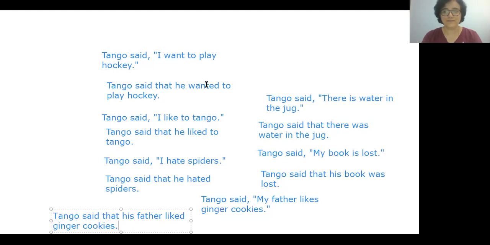Okay. I hope I have made the basic changes very clear. I hope you have understood everything that is required for now. When you make a change from direct to indirect speech, these are the basic changes. There is a lot more in this lesson, but these are the very basic changes that you need to know before we move on. So I would suggest that you please practice.